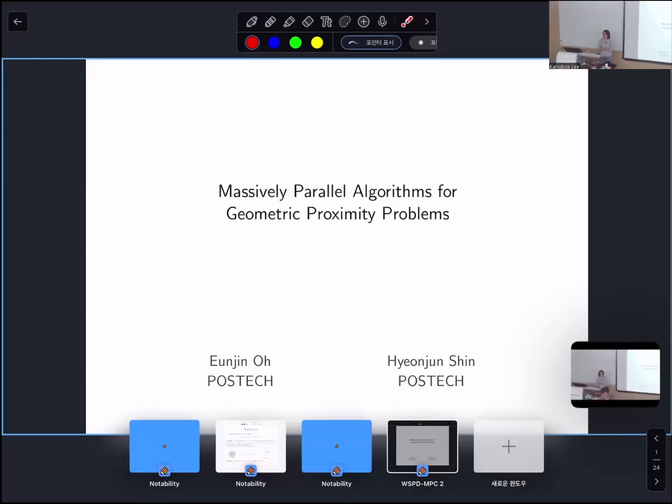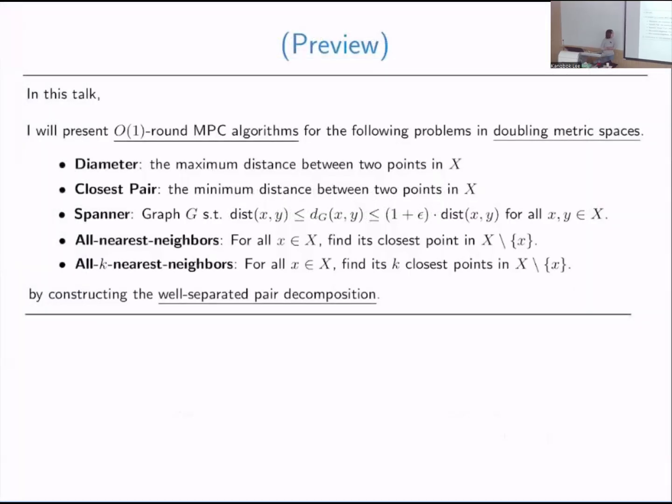Hello everyone. Today I'm going to talk about massively parallel algorithms for geometric proximity problems. This is joint work with Eunjin sitting over there. More precisely, in this talk, I'm going to talk about constant round MPC algorithms for the following fundamental geometric problems in doubling metric space.